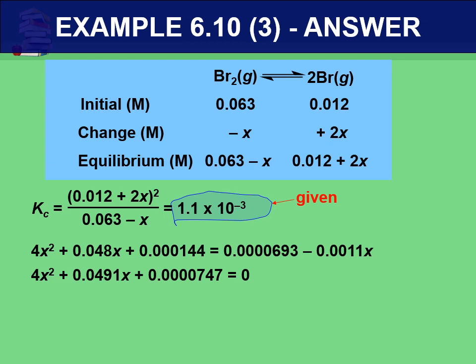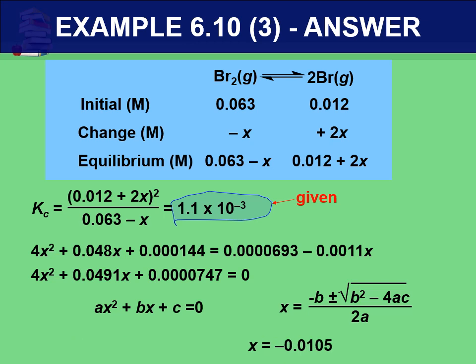This is a simplification of it. And you have ax squared plus bx plus c equals to 0. We insert into this formula, or you can just use it directly from your calculator. We're going to get two values of x. Both are negative values.